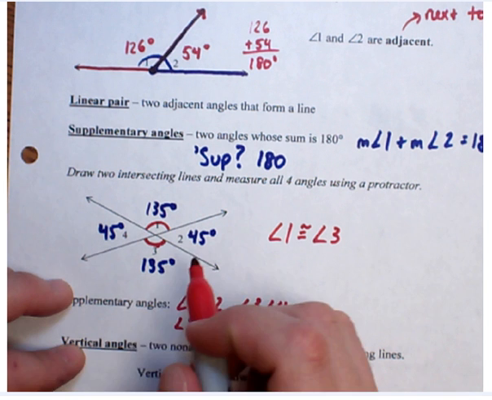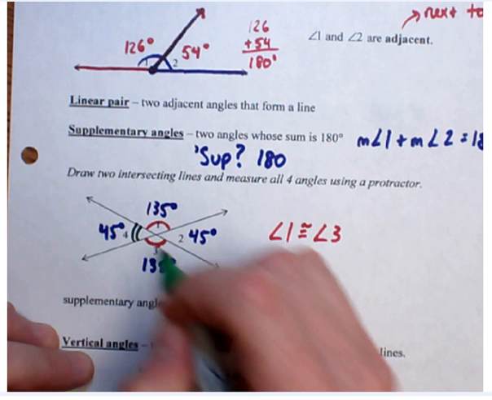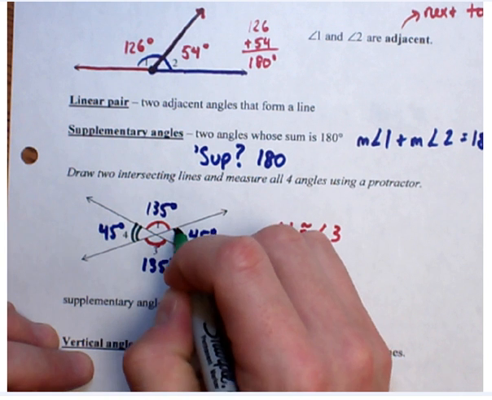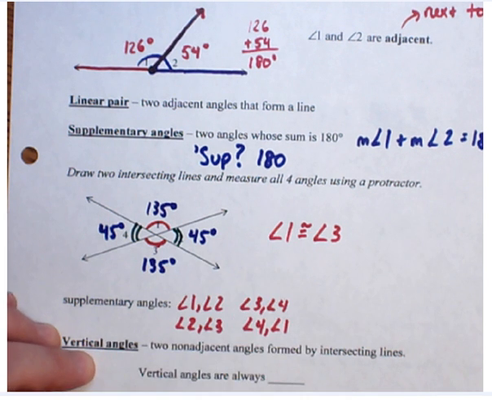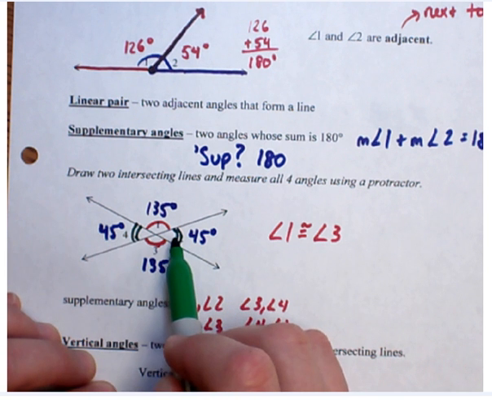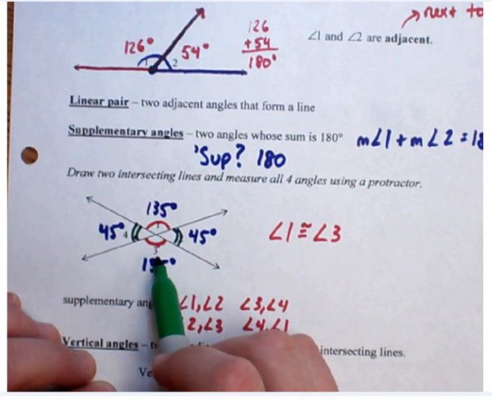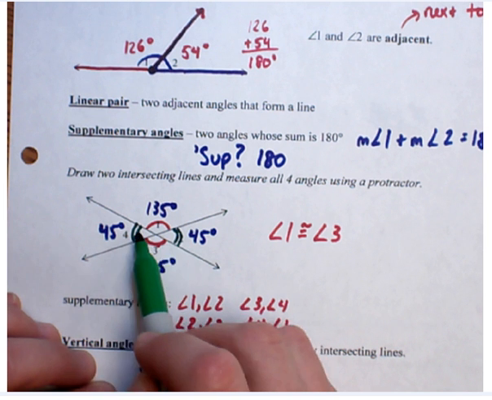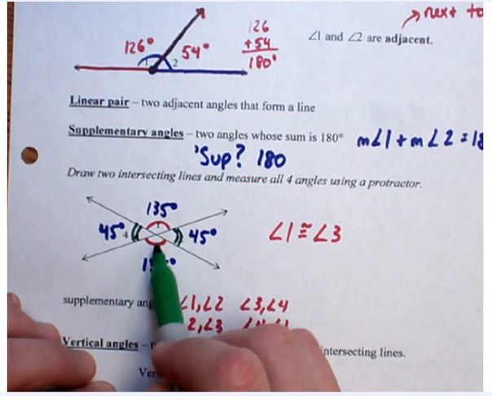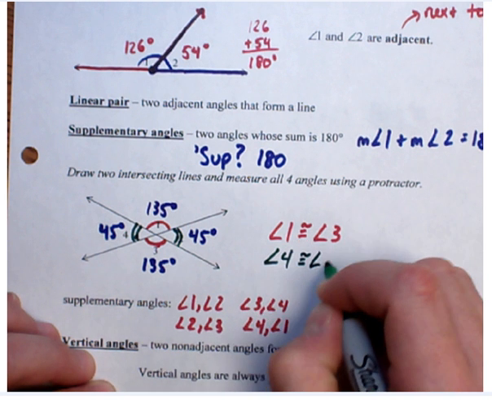At the same time, notice angle 4 is 45 degrees. Angle 2 is also 45 degrees. Those are congruent, so I'm going to label those with two arcs. The reason I'm going to use two arcs is to show that they are not the same as angle 1 and angle 3. These are congruent to each other, but not to these two. So angle 4 is congruent to angle 2.